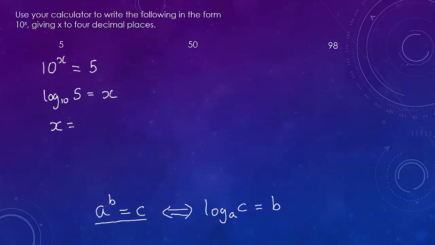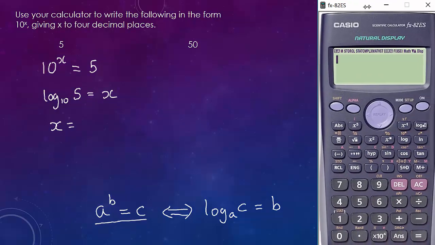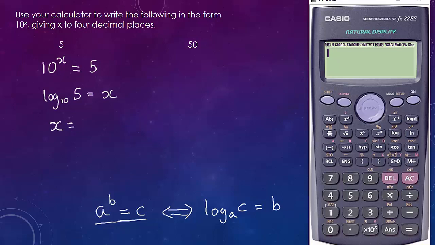So we'll bring in the calculator. So my log button is just here. That's a log to the base 10. So I'm going to do log of 5. And that gives me 0.6990 to 4 decimal places.